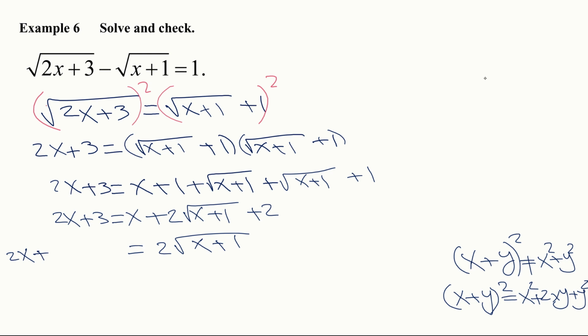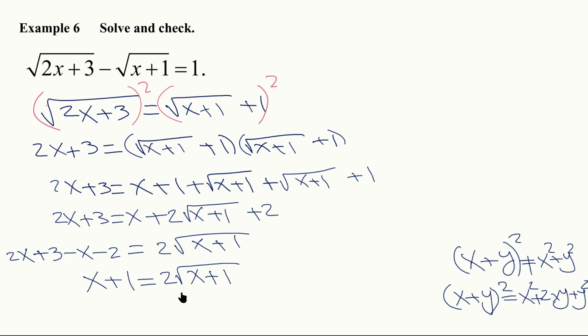So I get 2x plus 3 minus x minus 2. So now 2x minus x is x, and then I get plus 1 equals 2 radical x plus 1.